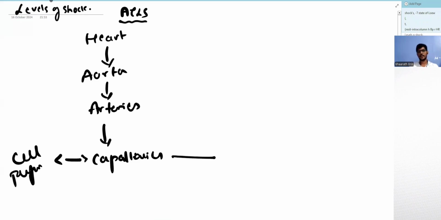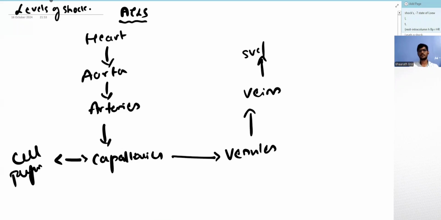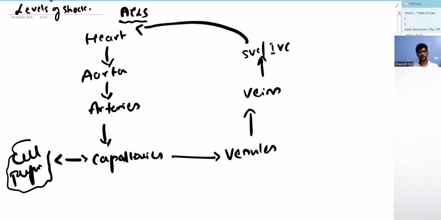Then the blood is drained through the venules, which lead to veins, to the superior vena cava or the inferior vena cava, and finally the blood goes back to the heart. So for the tissue perfusion to reduce, the block can happen at any level.